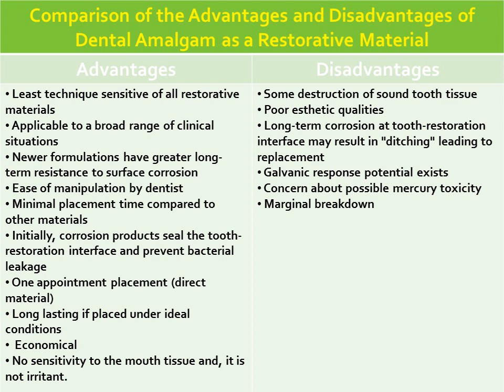In addition, initial corrosion products seal the tooth restoration interface and prevent bacterial leakage. This is one of the most important advantages of amalgam, as the initial corrosion closes the micro spaces between the amalgam and the tooth, preventing bacterial leakage, which is responsible for post-operative sensitivity in addition to recurrent caries.